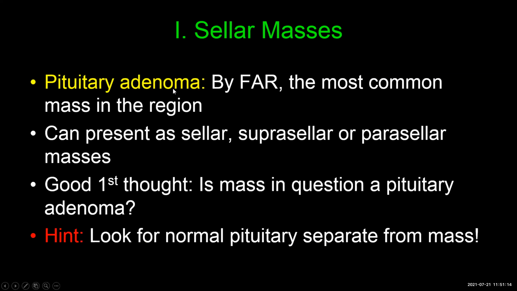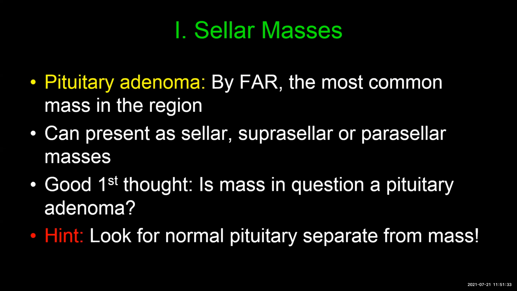And by far the most common mass to occur in the sella, or really anywhere in this region, is a pituitary adenoma. This is a benign tumor arising from typically the anterior part of the pituitary gland. And it is extremely common.